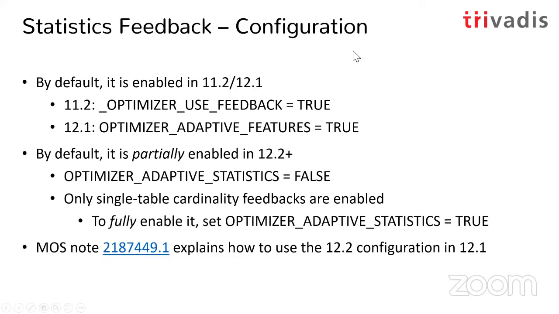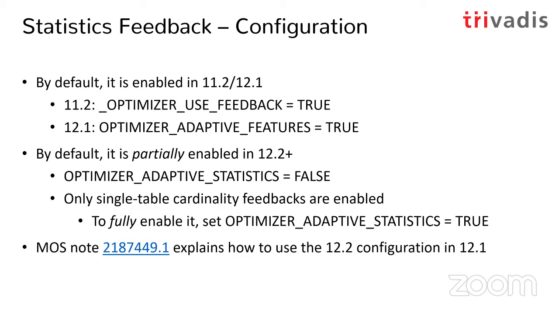And how to completely turn off statistic feedback in 12.2 if you want to. Basically, what you can do is, let me go to slides. The optimizer use feedback parameter, as provided here, is still available. So if you set it to false, you will deactivate it.